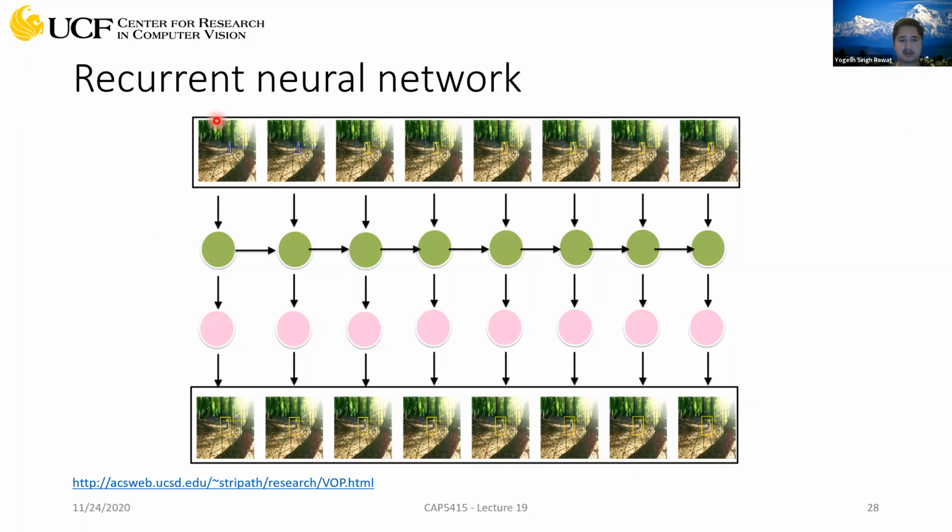So it's looking at this image, doing some processing, and again, this processing could be anything. It could be a fully connected layer. It could be a convolutional neural network, right? It's a network in itself. So it will process this image, make some prediction. For example, it's trying to localize where the action is happening. And based on whatever computation it did, it will pass some information to the future processing unit.